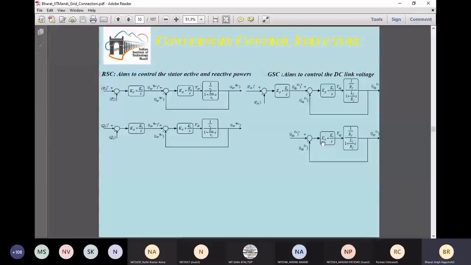But similar to the rotor side converter, another PI controller can also be provided, by which a reactive power set point can be obtained from the grid, and the actual reactive power measured can be there, and an error can be processed, so that the current that needs to be injected into the grid during normal or abnormal condition can be calculated.